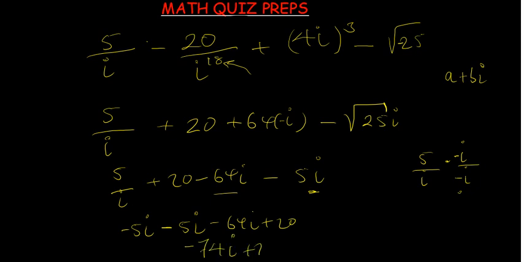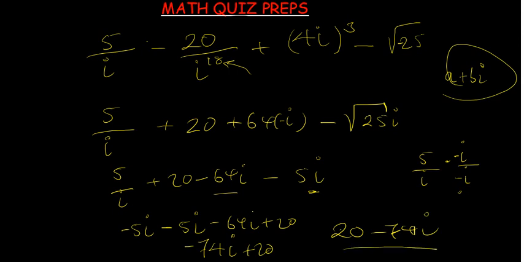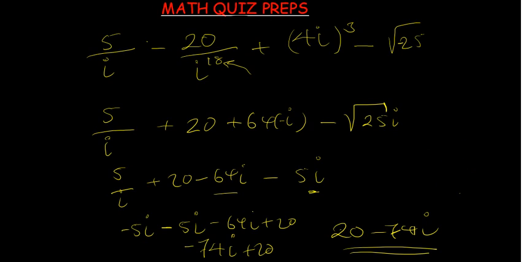So the aim is to write it in this form. So then we start with the real part, that is 20 minus 74i. So it ends there. Okay, is that fine with everyone? Are there questions, or we go to the next question if someone has another one?